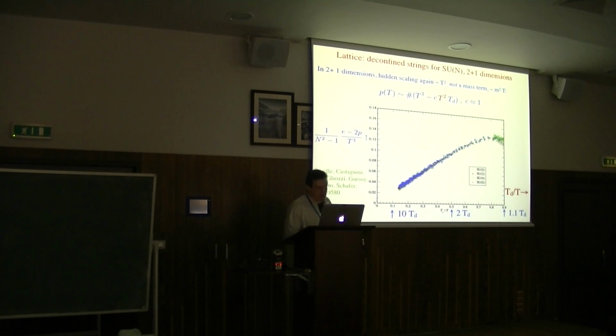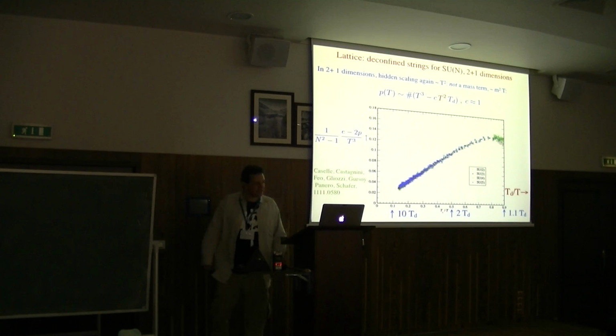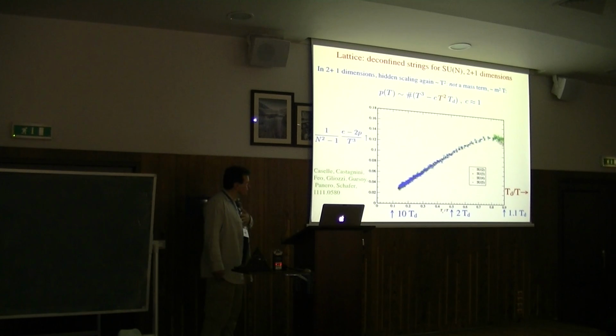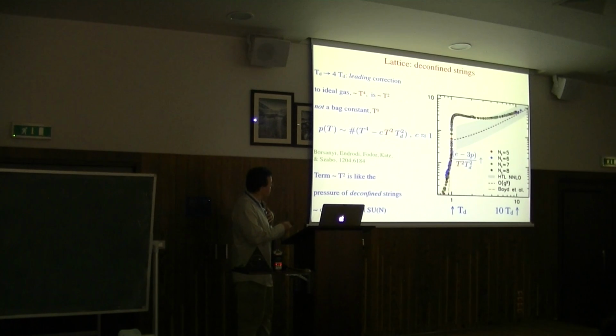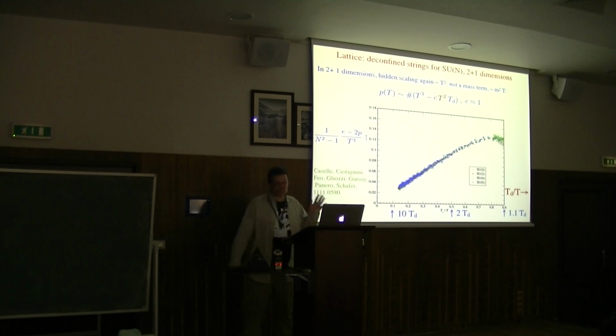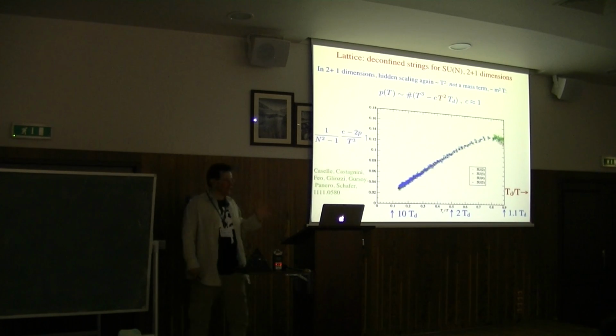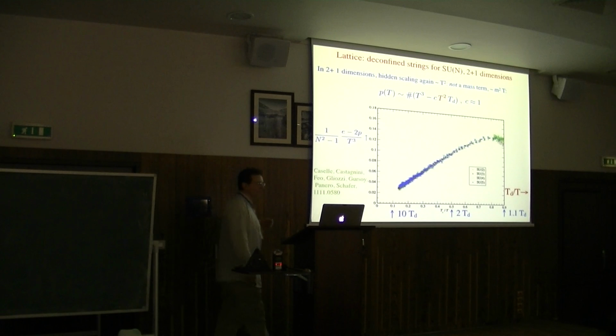And so what I would argue is that this is due to the pressure of deconfined strings. And the reason why I say it's strings is just because it's T squared here and T squared there. But for the present purposes, all you need to know is that the leading correction is T squared.